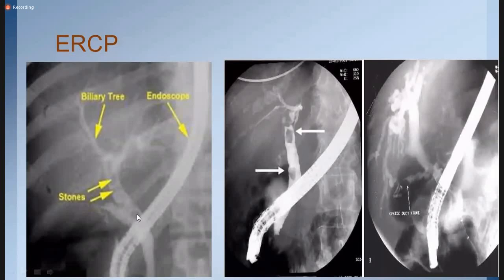Here we have calculus in the common bile duct as well, because the common bile duct starts where the cystic duct meets the common hepatic duct. So another abnormal example demonstrating filling defects in the common hepatic duct as well as in the common bile duct. Another example demonstrating a filling defect within the cystic duct.